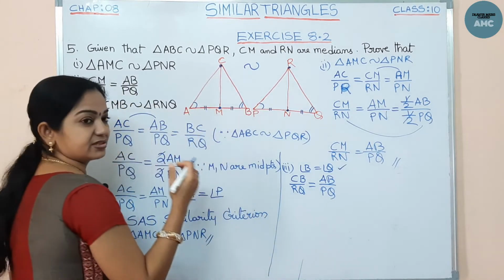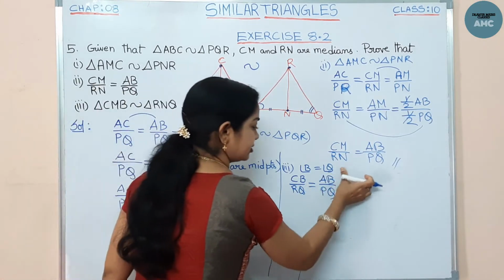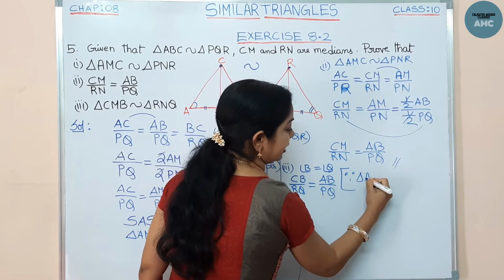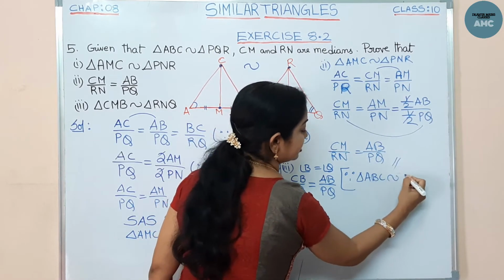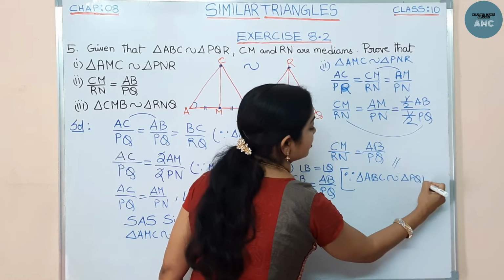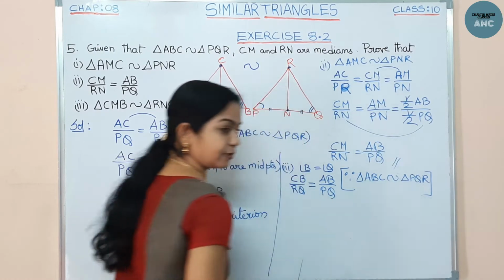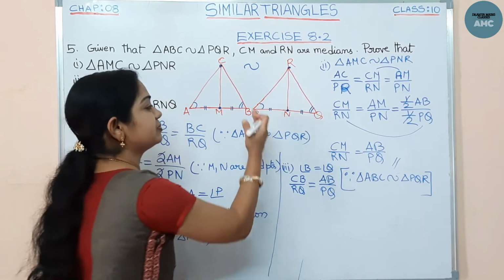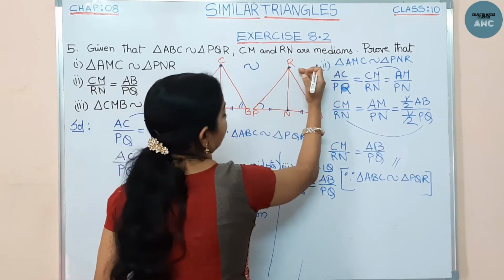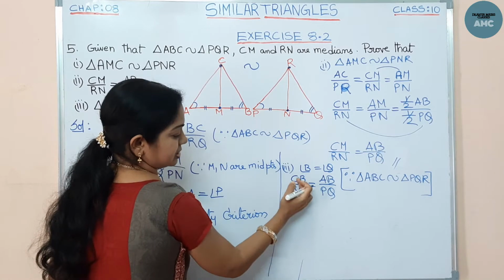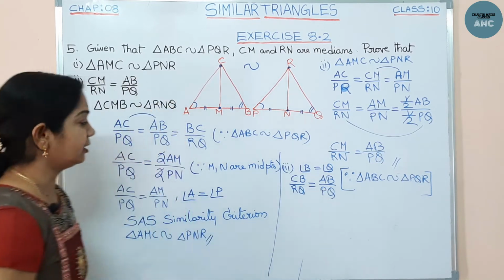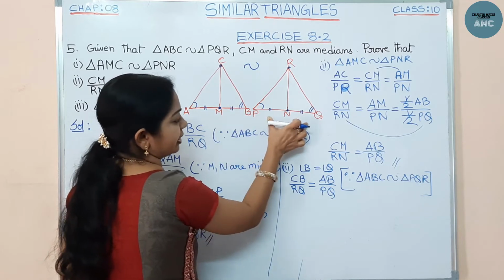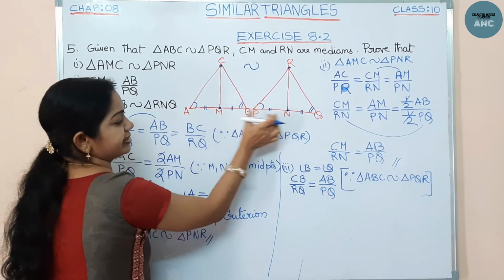Since triangle ABC is similar to triangle PQR, this is already given in the problem. So B and Q are equal and the corresponding sides CB by RQ equal AB by PQ. AB by PQ, again I can write as twice of this.